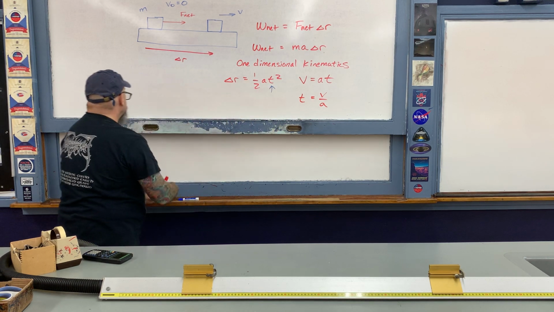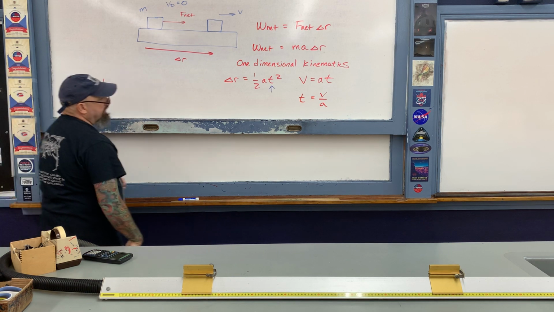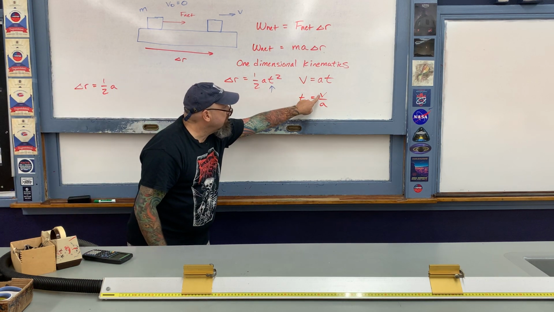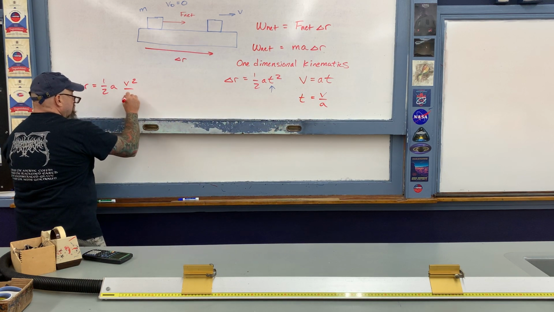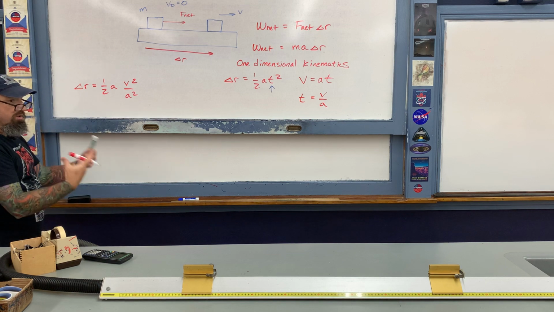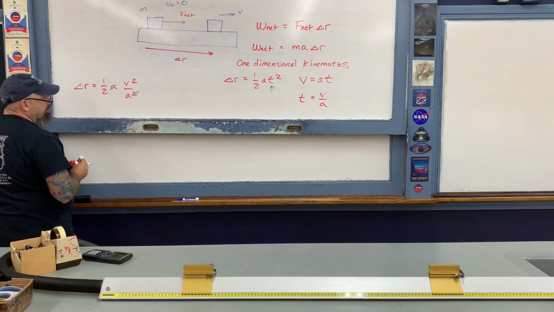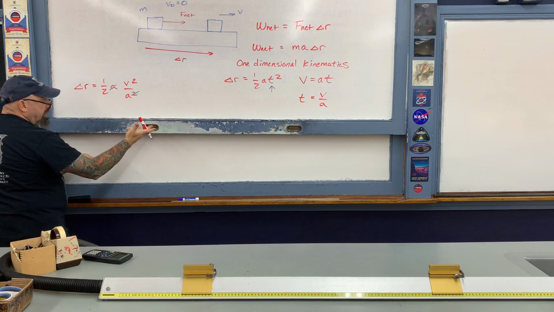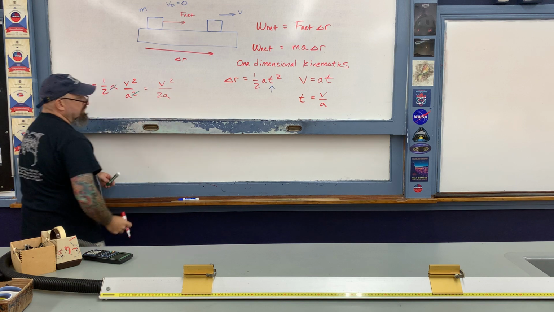So now the displacement delta r is equal to 1/2 times a, multiplied by t squared. So that's going to be v squared over a squared. Like so. And then notice that one of the a's will cancel here and here. If I now rewrite what I have left over, I have v squared over 2a left over.